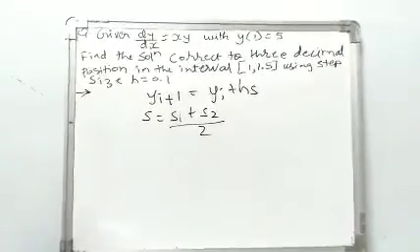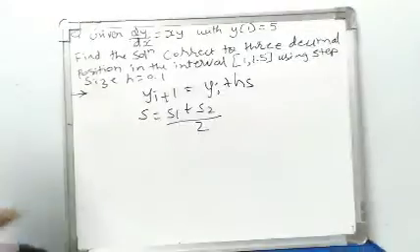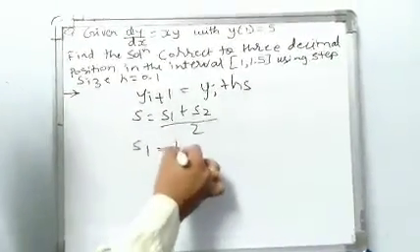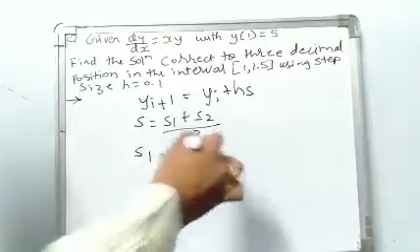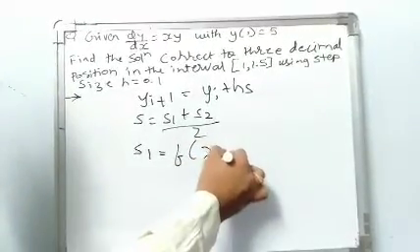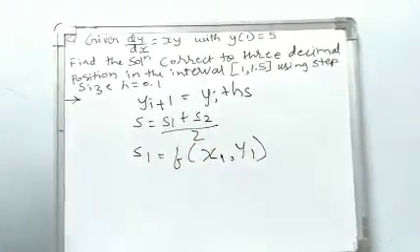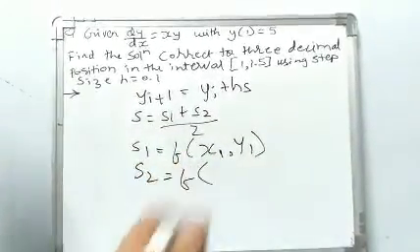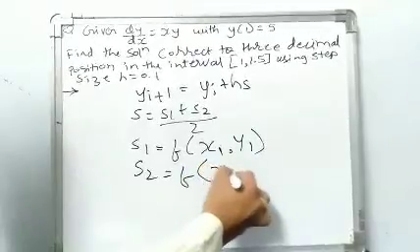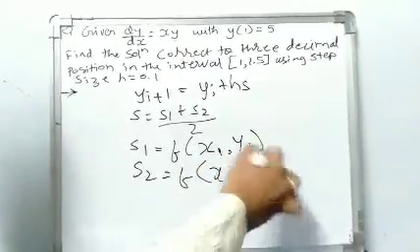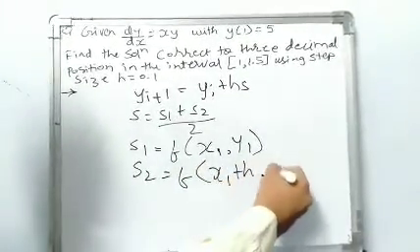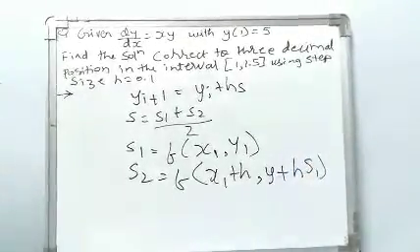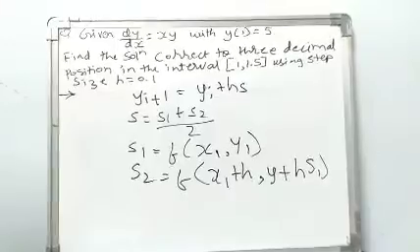Let us check that. s1 is f of x1 comma y1, and s2 is equal to f of x1 plus h comma y1 plus h s1. So these are the formulas which we are going to apply.